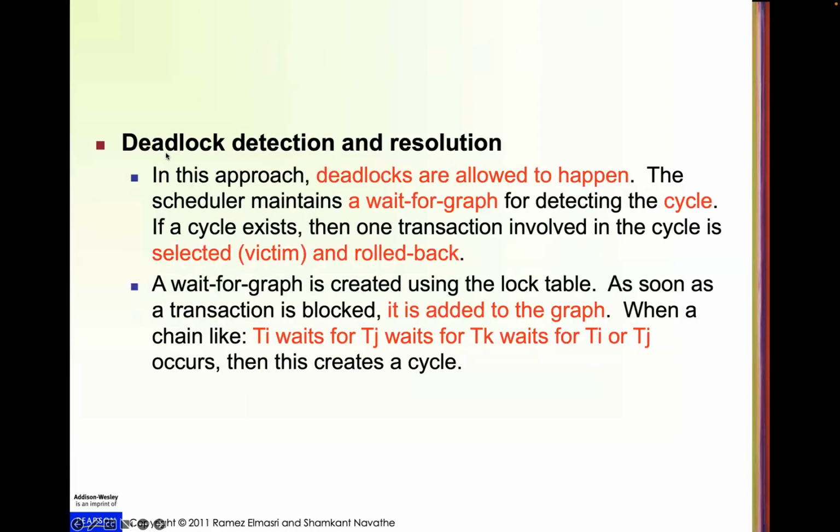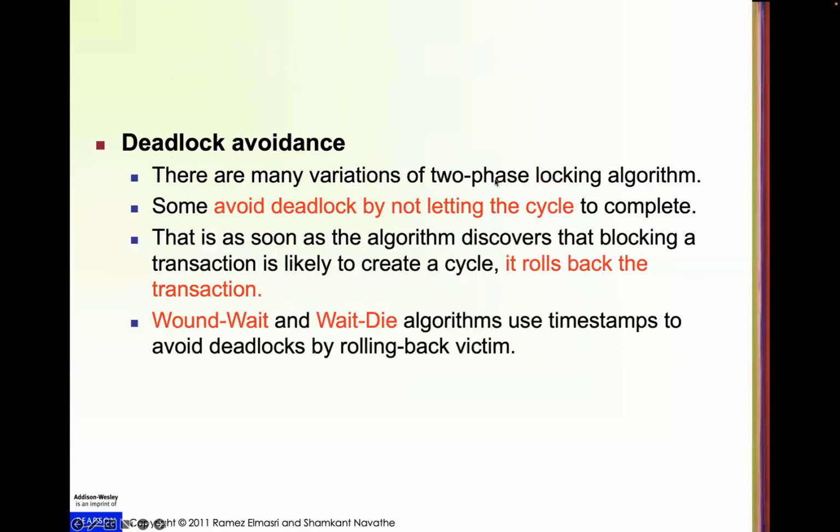Deadlock avoidance. There are many variations of the two-phase locking algorithm. Some avoid deadlocks by letting the cycle complete, or by using the rollback of one of the transactions involved in the cycle. Or we have the wound-wait algorithm and the wait-die algorithm to handle the situation of avoiding deadlocks by using timestamps, rolling back one of the victim transactions.